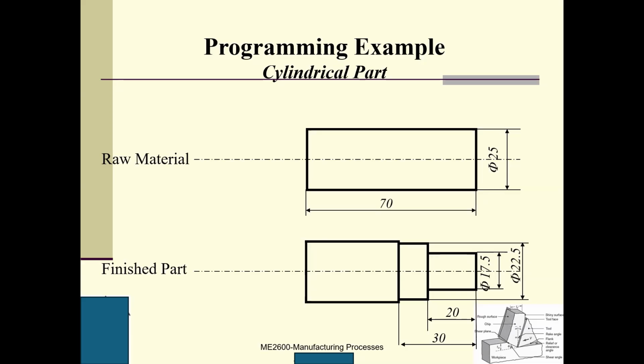This is a very simple example. The CNC machine center can do much more, 10 or 100 times more complicated, but you need to know the G code and M code. So this is what we want to do: generate this kind of final product from our raw material.